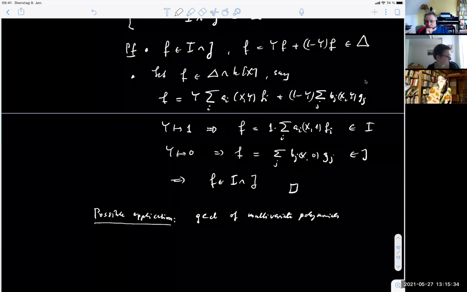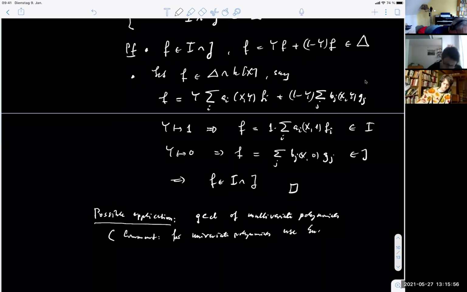For numbers, it's not known. For univariate polynomials, use the Euclidean algorithm.